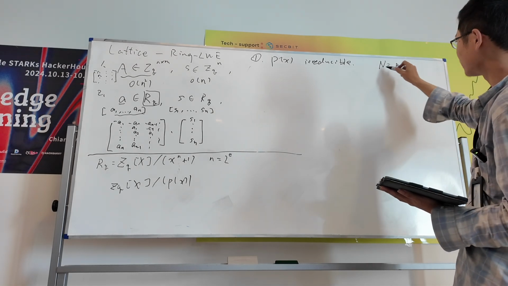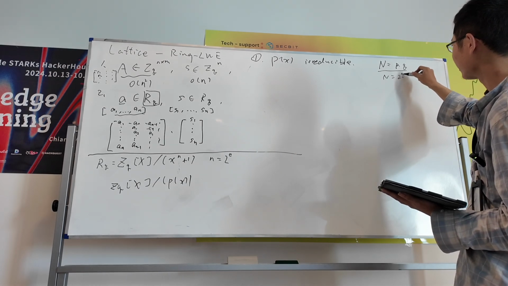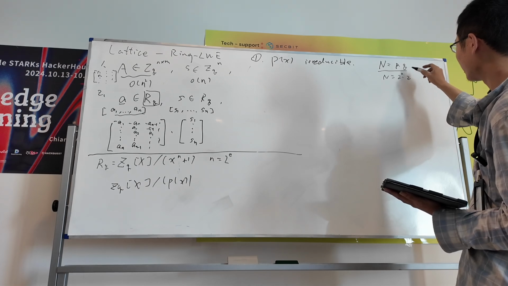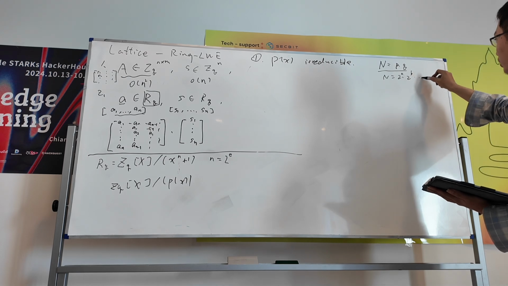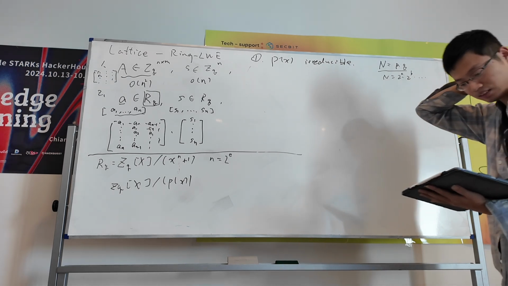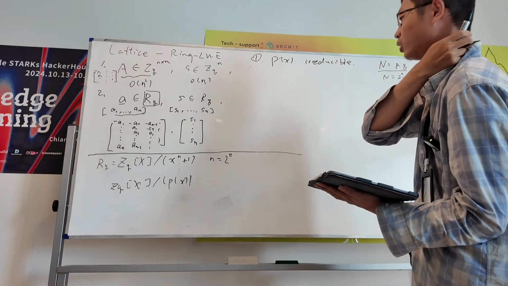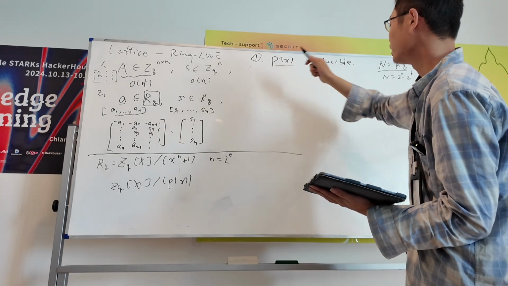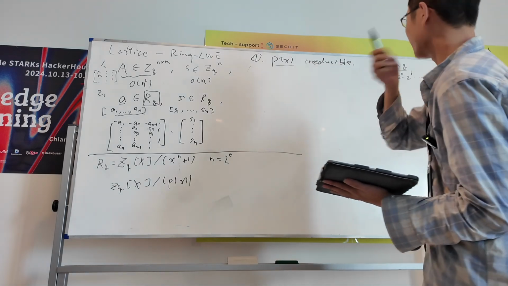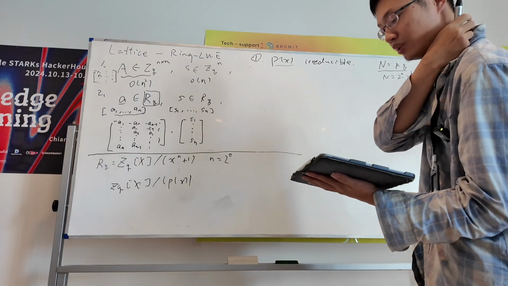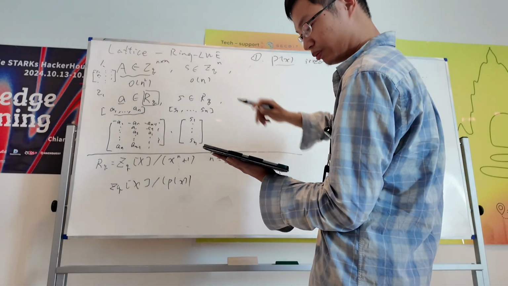If this n can be factorized into small primes, then this will lead to many attacks. I will not show you an attack on the case where you choose a polynomial that is not irreducible, but you can basically get some inspiration from this. It has to be irreducible to defend against certain types of attacks. So I'll just claim this.